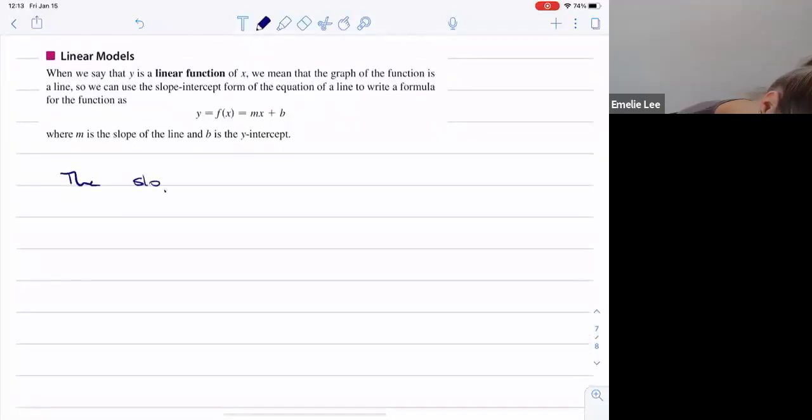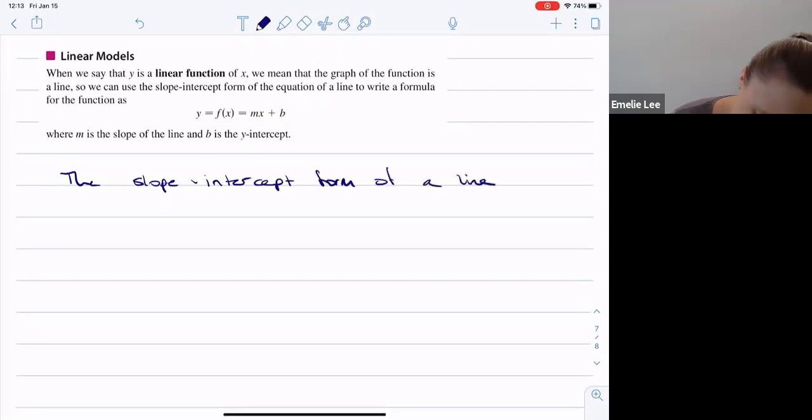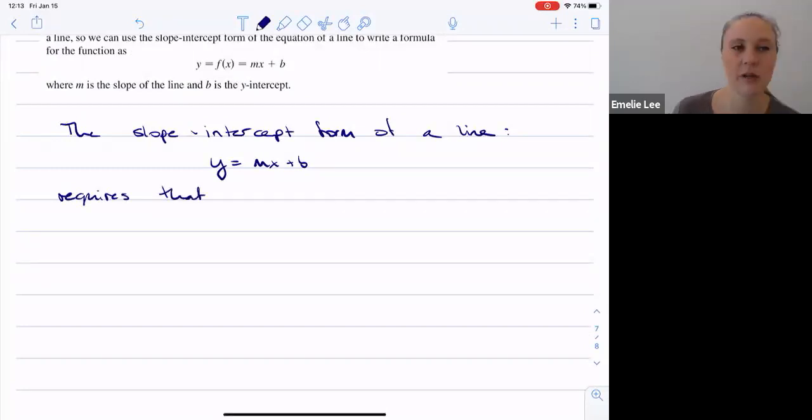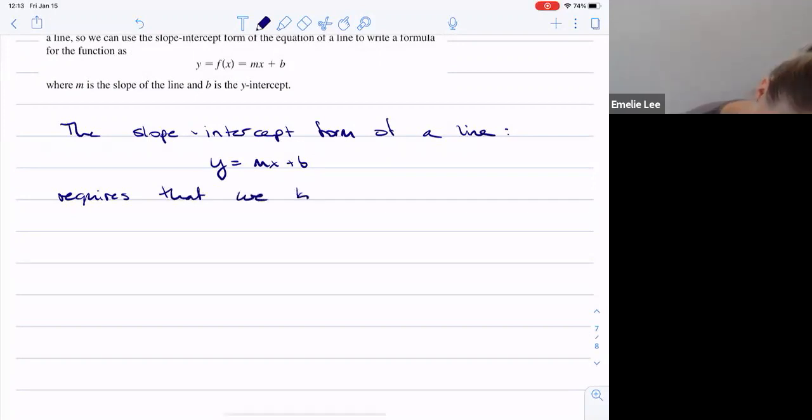The slope intercept form of a line, which is y equals mx plus b, requires that we know the slope and the y-intercept.